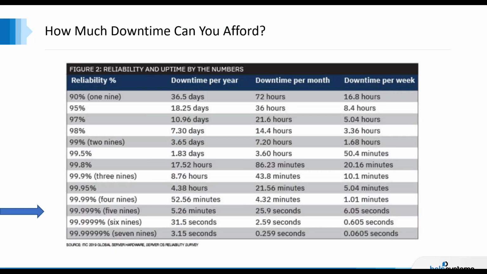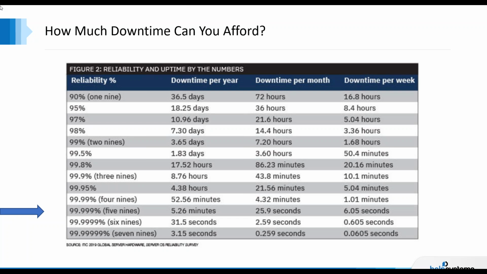Talk a little bit about, I guess it's the ITIC Global Server Hardware Reliability Study. Yeah, thanks, Tom. This is a great table. It summarizes in terms of seconds, minutes, hours, and days what high availability equates to.